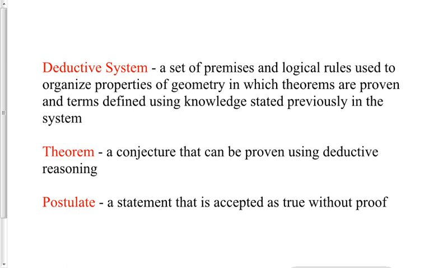Now this deductive system, that's a very wordy explanation, okay? But here's the point, and this is what we're going to do. We're going to use things like definitions, things like postulates, and we are going to build upon our knowledge of those things by using them to prove other things are true. And that's exactly what a deductive system is.